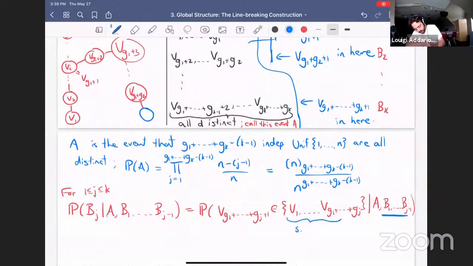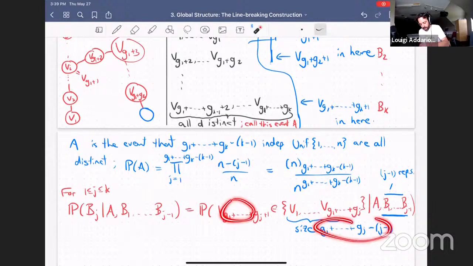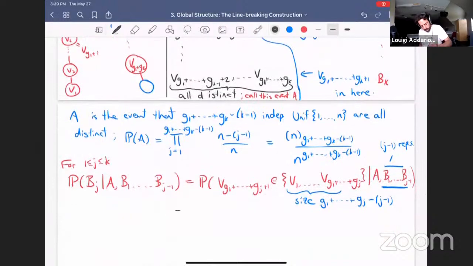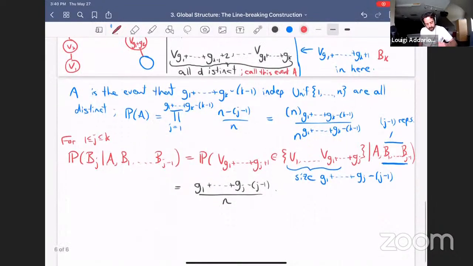Under this conditioning, this set has size g1 plus g2 up to gj minus (j minus 1). Then we're asking for this random variable, which takes n possible values, to fall in a set of this size, so the probability is just the size of the set divided by n.